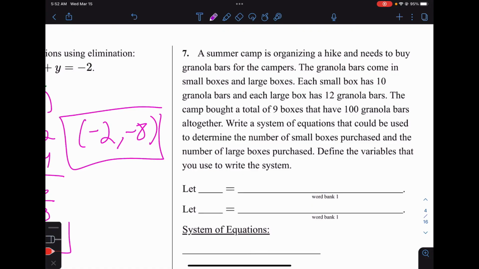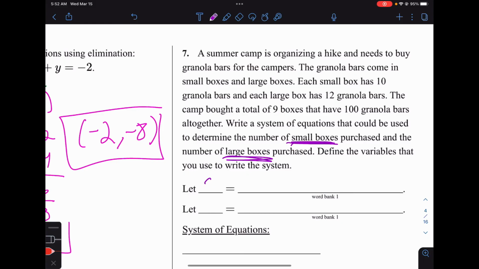Write a system of equations that can be used to determine the number of small boxes purchased and the number of large boxes purchased. Define the variables that you use to write the system. All right, so let's go ahead. How about they want us to solve for small boxes and large boxes.